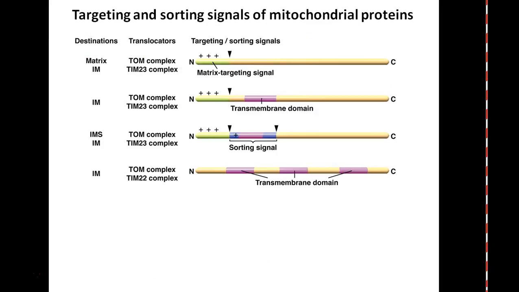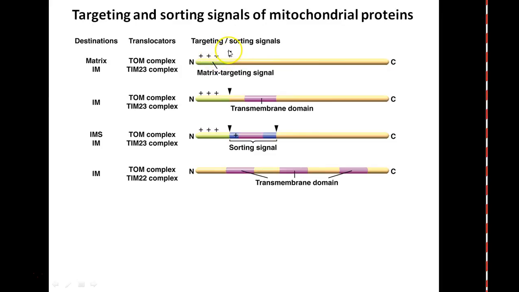And here I want to talk a little bit about the signaling sequences. There are different targeting and sorting signals on the mitochondrial proteins. Here in green, we have this N-terminus sequence, which is positively charged.